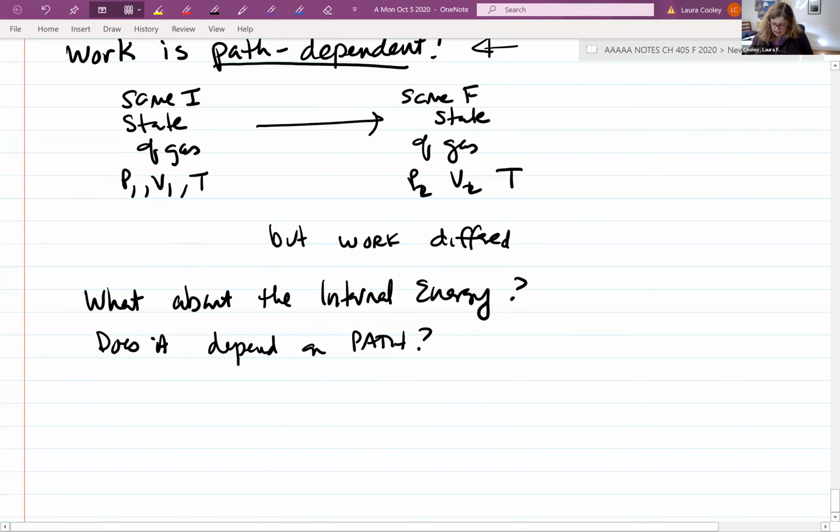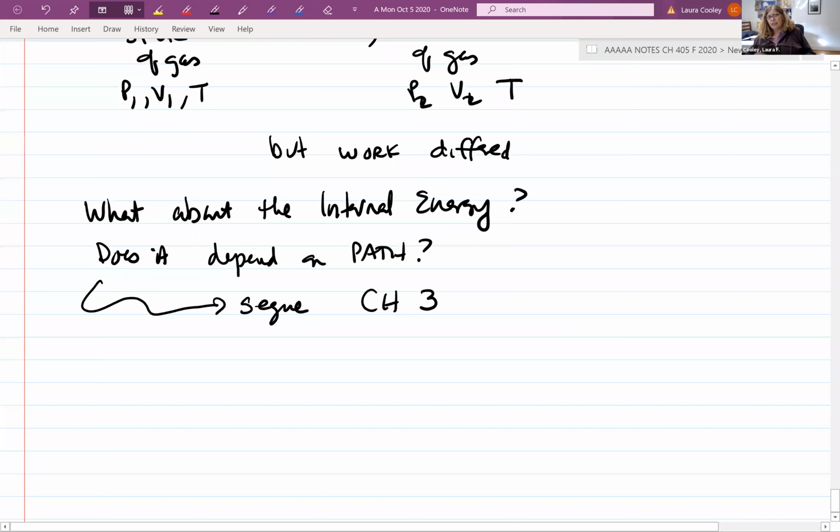Okay, so we're going to take sort of a brief segue into chapter 3, and really we're not going to do much at all in this course from chapter 3, but one thing we do is we talk about the difference between the kind of function the work is and the kind of function internal energy is. They're very different, and you've heard this terminology before.